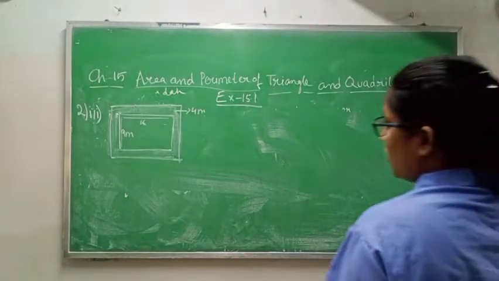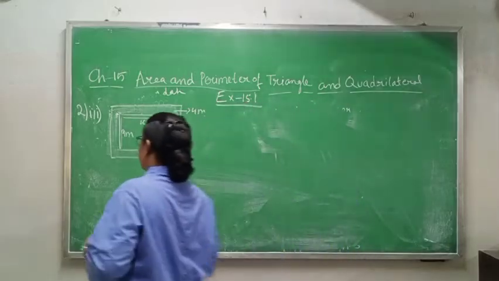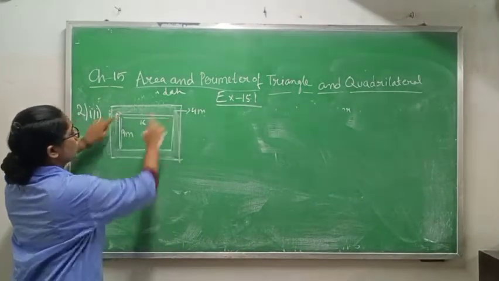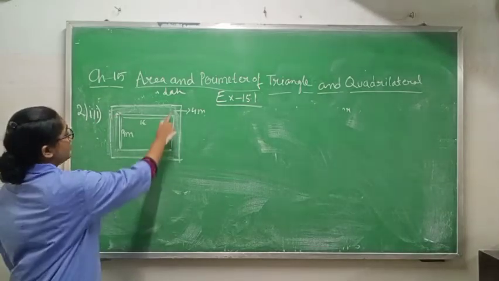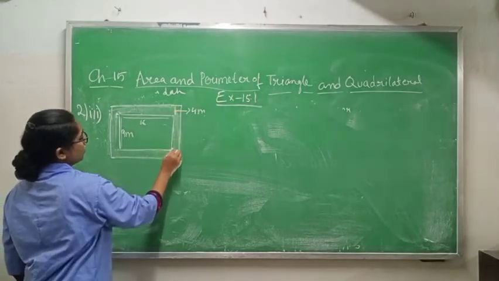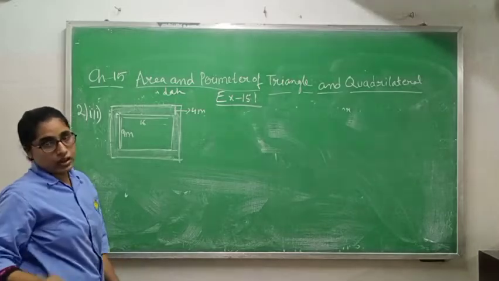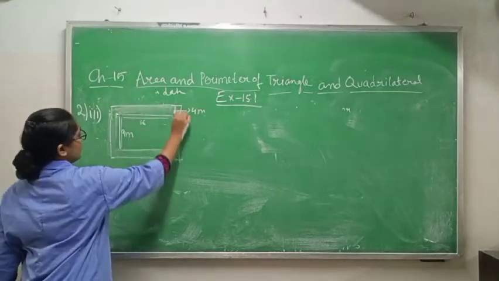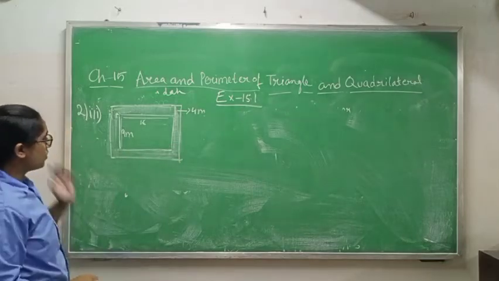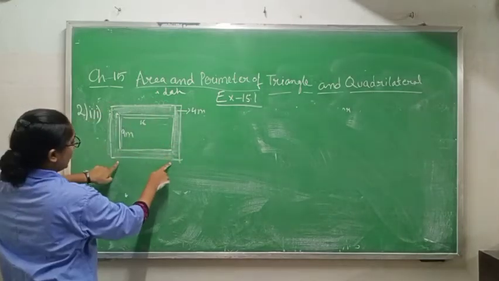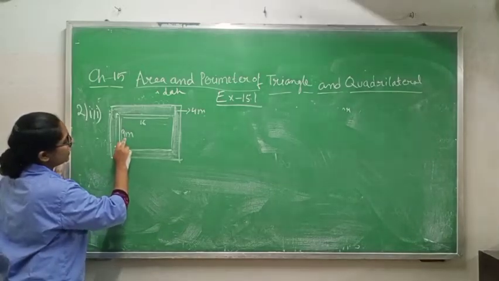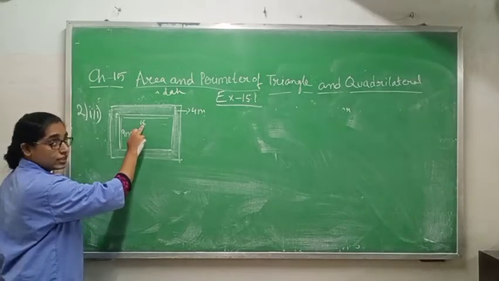Class 9C, question number 2.3. This is the diagram. This one is 9 meter and from this point to this point, this is 16 meter. And this width is given, this width or this width is given 4 meter. And which one is colored? This portion is colored. Okay. So first of all, this is the outer rectangle and this one is the inner rectangle. So we know that inner rectangle breadth is 9 meter and length is 16 meter.